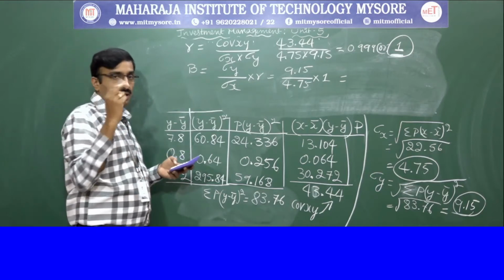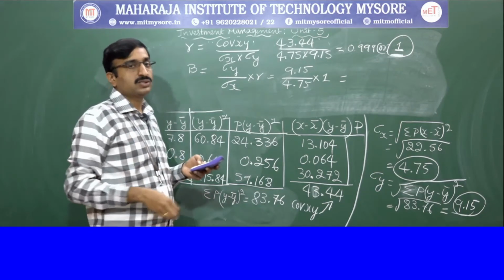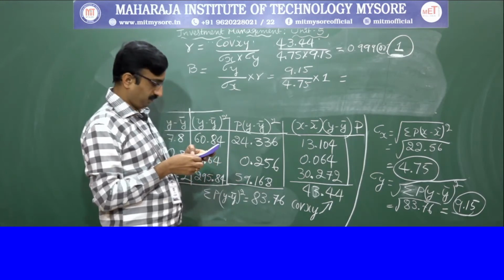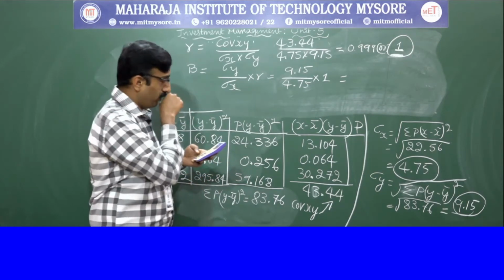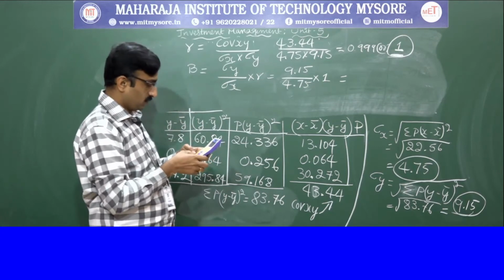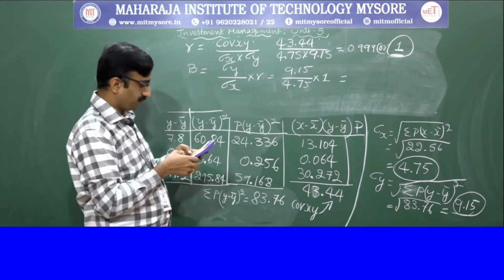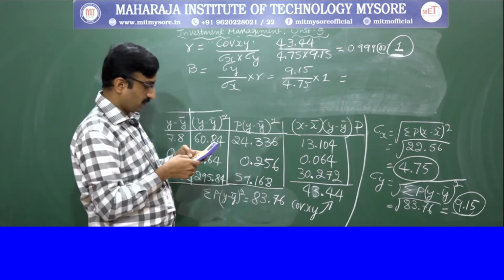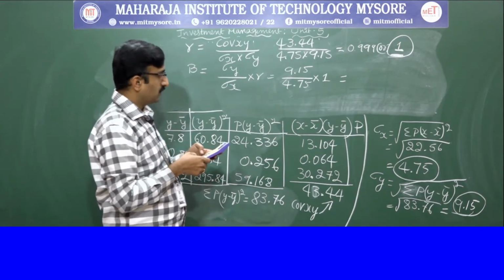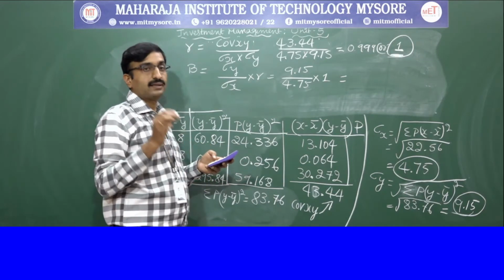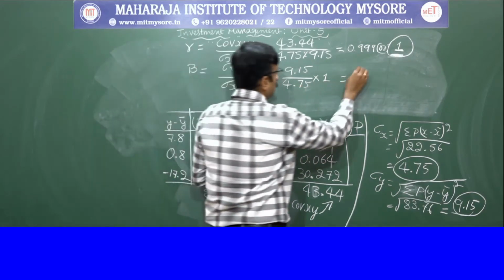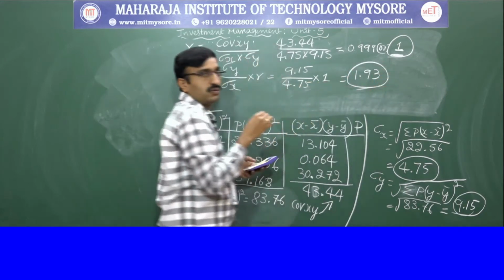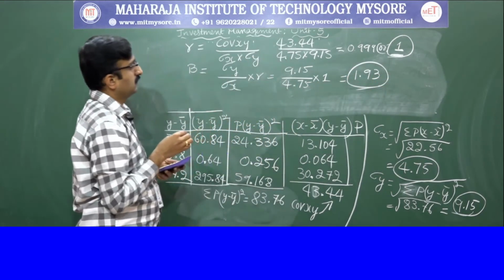So, we will get exactly how much? 9.15 divided by 4.75 whole into 1. We will get 1.93.